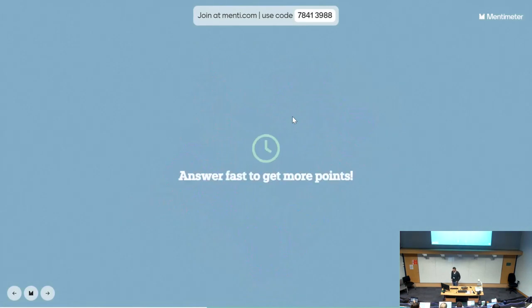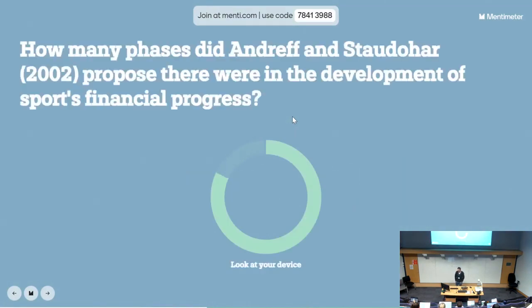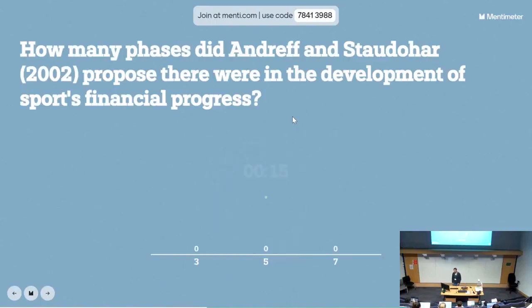Question 4. How many phases did Andreff and Staudohar propose there were in the development of sports financial progress? Yeah, 3 phases.